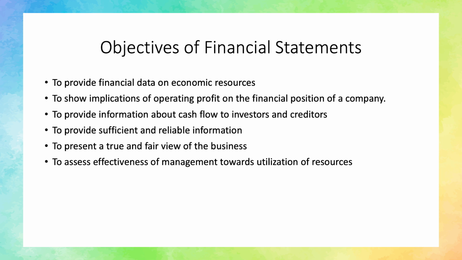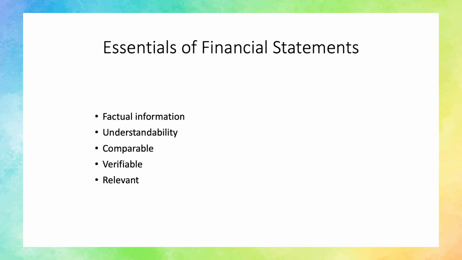Dear students, what should be the essentials of financial statements? Now we will discuss essentials of financial statements. Factual information: financial statements should disclose factual information about the financial position of a company. It is the duty of the company to disclose a true and fair picture.